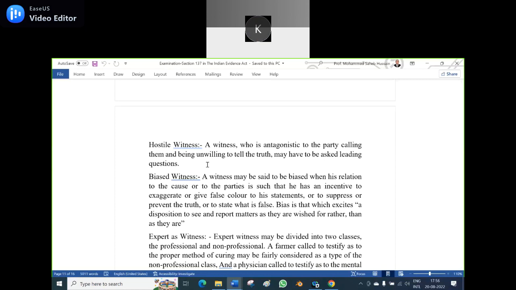And in most cases, especially in criminal cases, the other party may threaten him, and most of the people become hostile. When they give the 161 statement, if I am not mistaken, under the CrPC, they will give the truth.